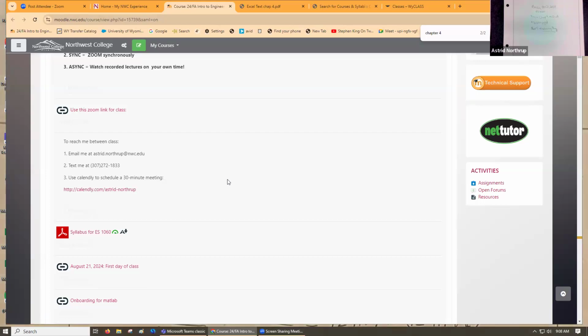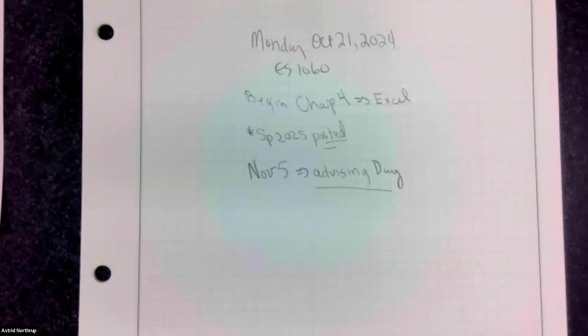So use that Calendly link and meet with me anytime you want. If you have a different advisor, make sure that you visit with them so that you are ready to go in terms of whatever their schedule looks like and however they schedule people. I know there's still a lot of advisors who put sign up sheets on their doors, so you may have to go to their office and look and sign up on their door, but there's a lot of options that are available to you.